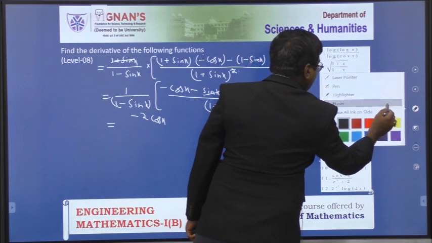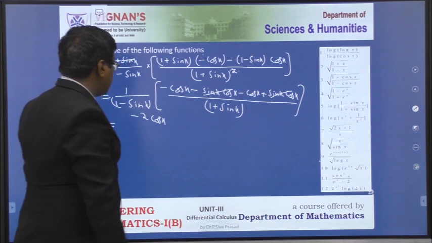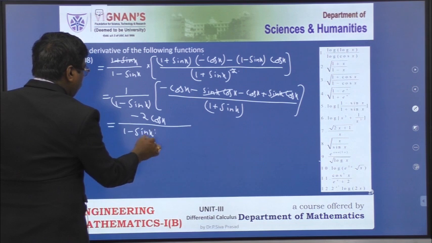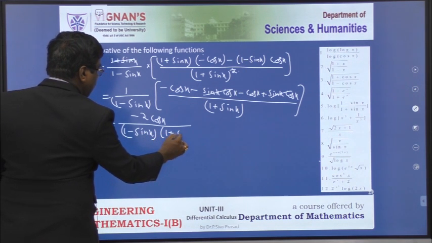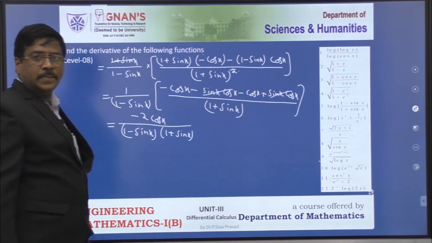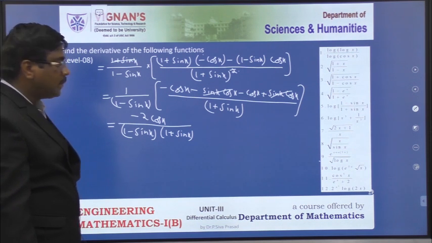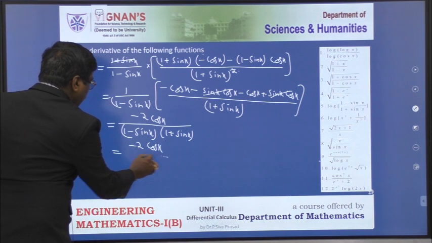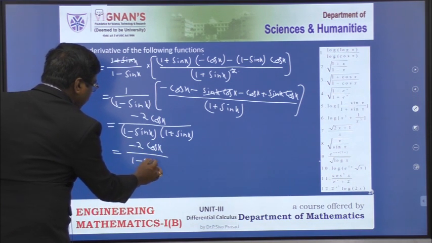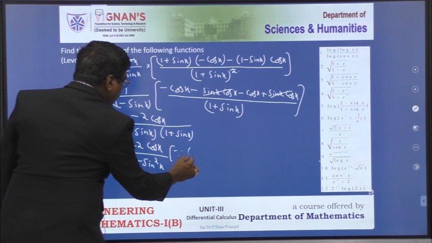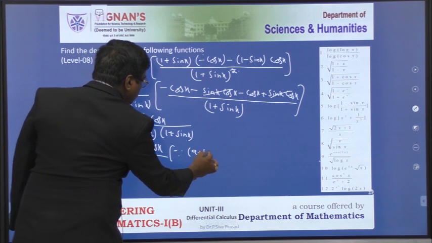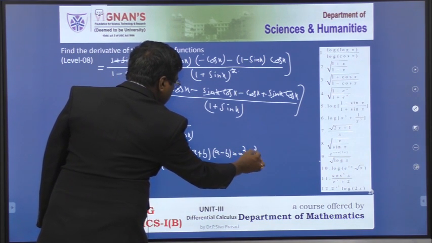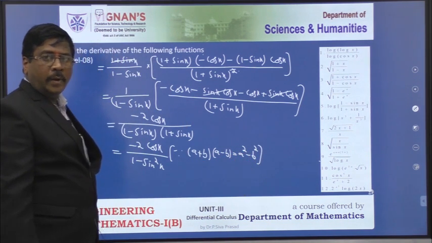This is (1 minus sin x) into (1 plus sin x), therefore a square minus b square. Therefore this is equal to minus 2 cos x by (1 minus sin square x), because here I have to use the formula (a plus b)(a minus b) equals a square minus b square. Clarification point.